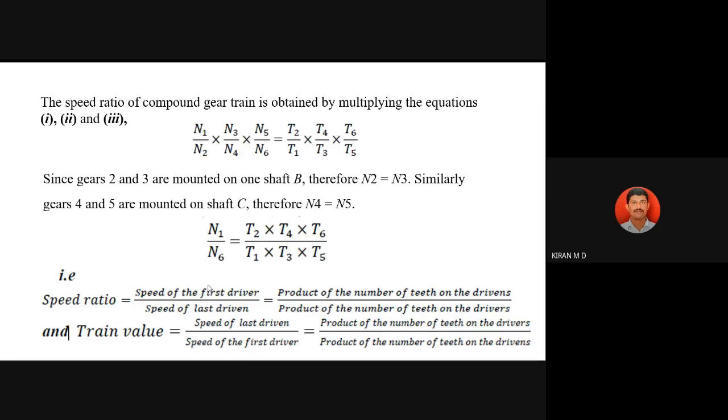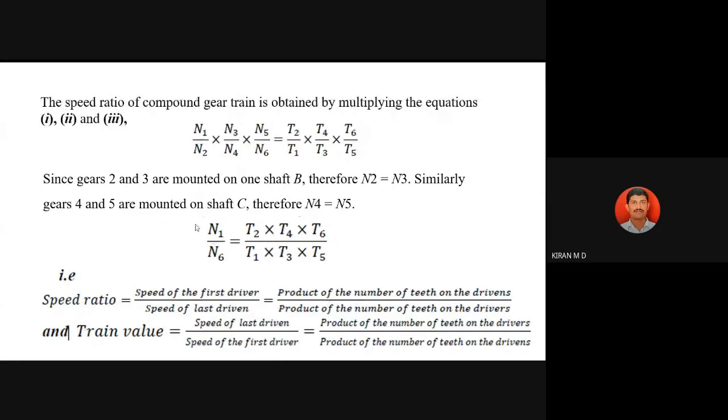The train value is the inverse of this. So the speed of the last driven divided by the speed of the first driver is equal to the product of the number of teeth on drivers divided by the product of the number of teeth on drivens. It is just the inverse of the speed ratio, the train value. Is it clear?